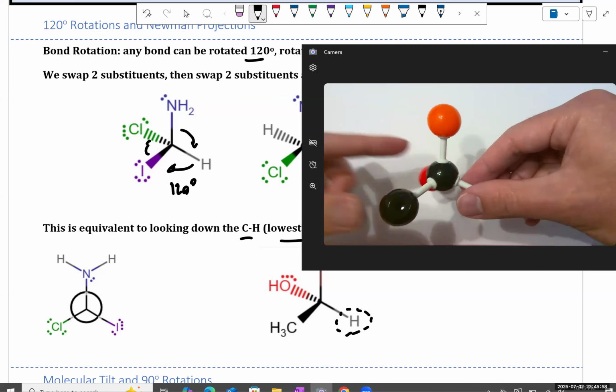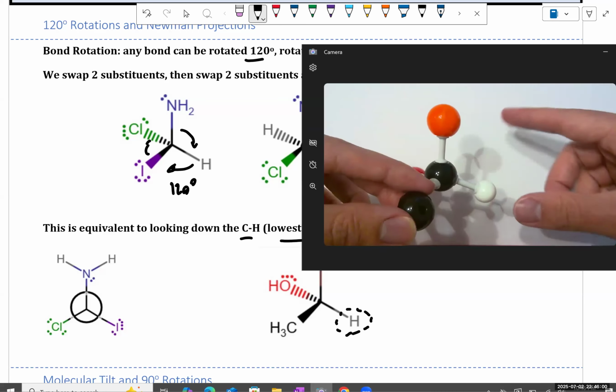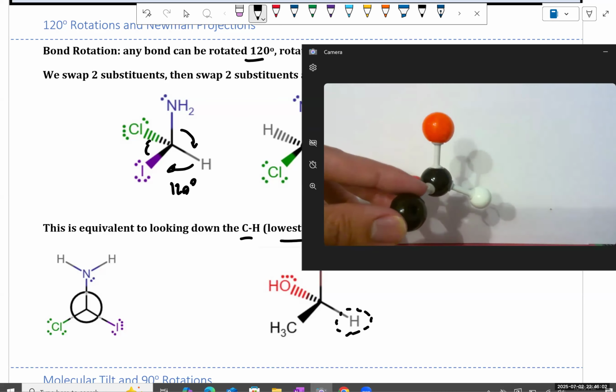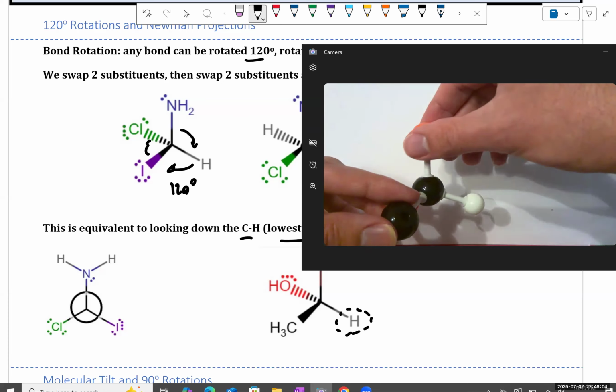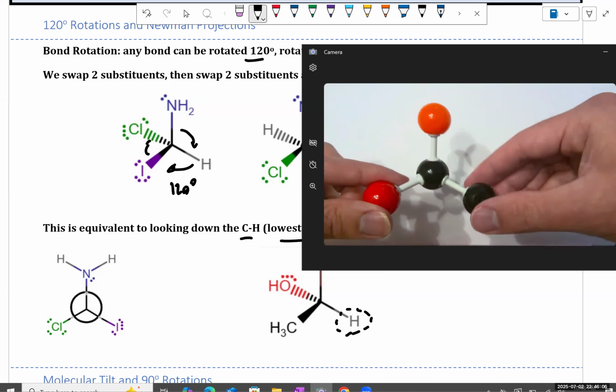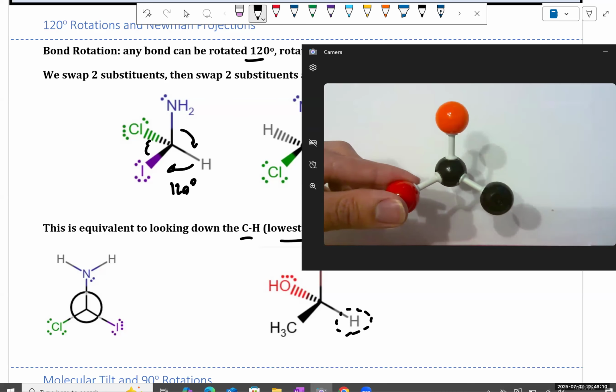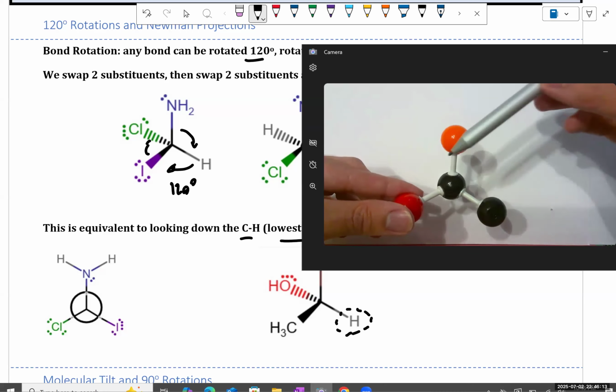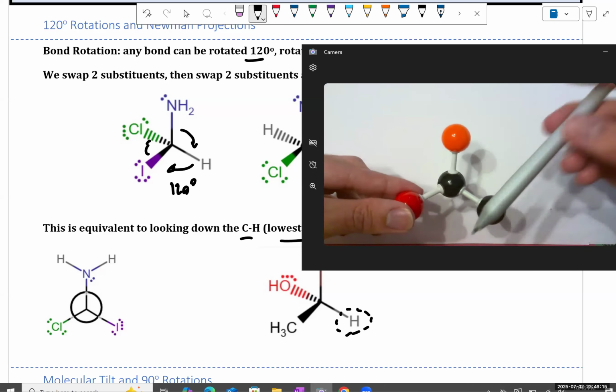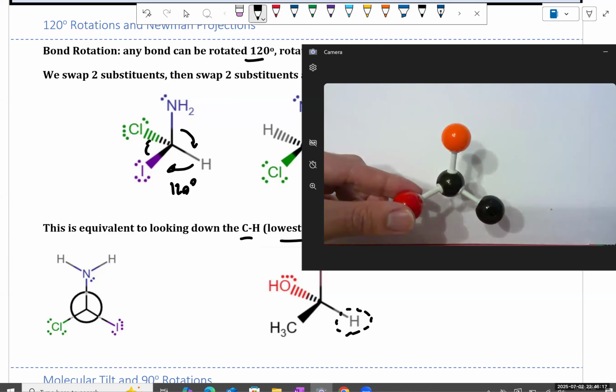Bromine up top, alcohol in the back, methyl group on the left pointing towards us, hydrogen in the plane of the page. Now we're going to rotate this molecule so we're looking down the carbon-hydrogen bond, hydrogen's in the back, and now we draw what we see. The bromine up top, methyl group on the right, alcohol on the left.